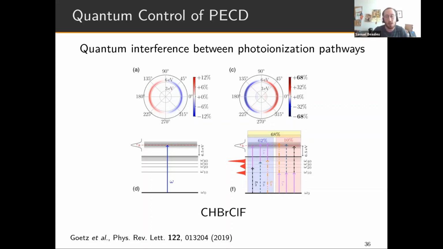And they showed that it can lead to more than a 5-fold enhancement of PECD compared to the single photon analog ending up at the same final state energy.